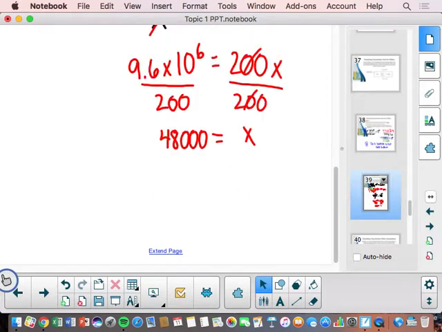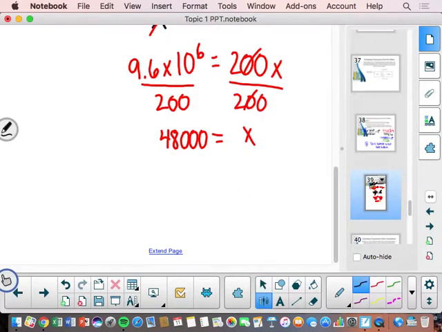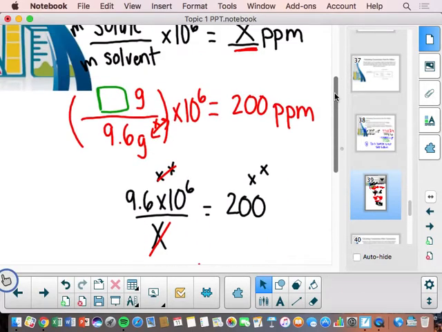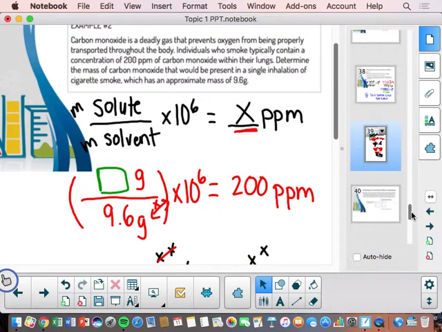And our answer is 0.048, and this is grams. Okay, so in every inhalation of cigarette, you're getting 0.048 grams of carbon monoxide.